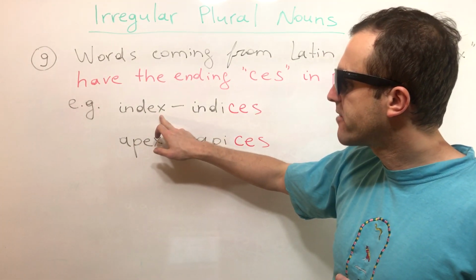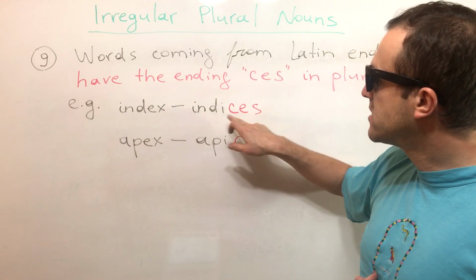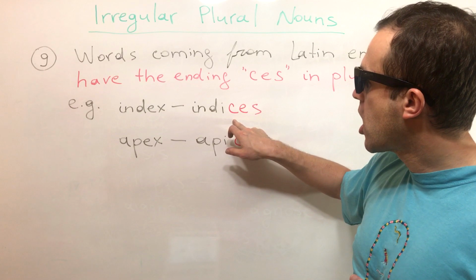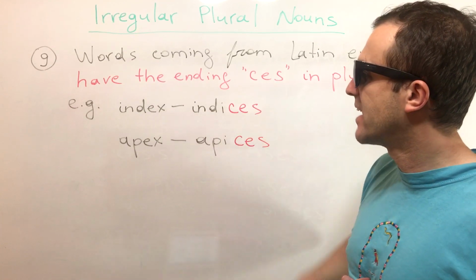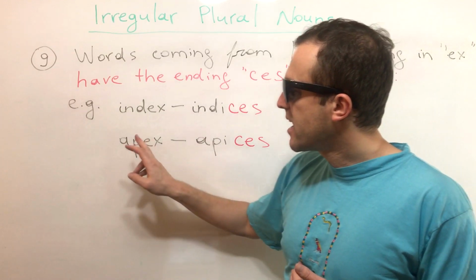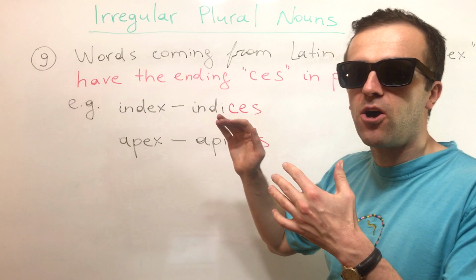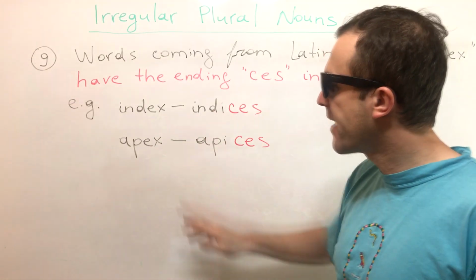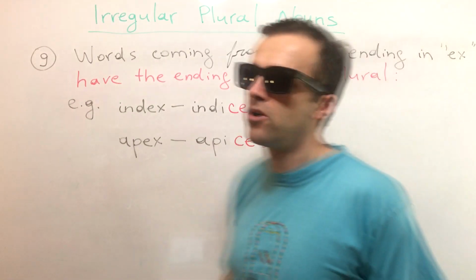So here we have ex, and we change ex for ces, or even ices. And apex, like the highest point of the geographical figure, apex, apices, two words.